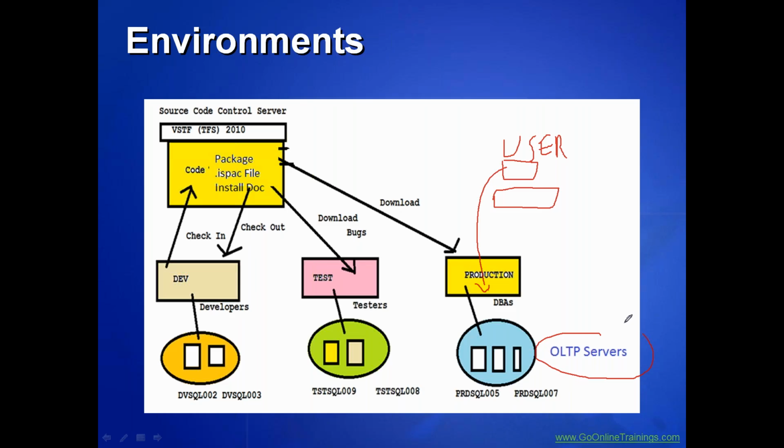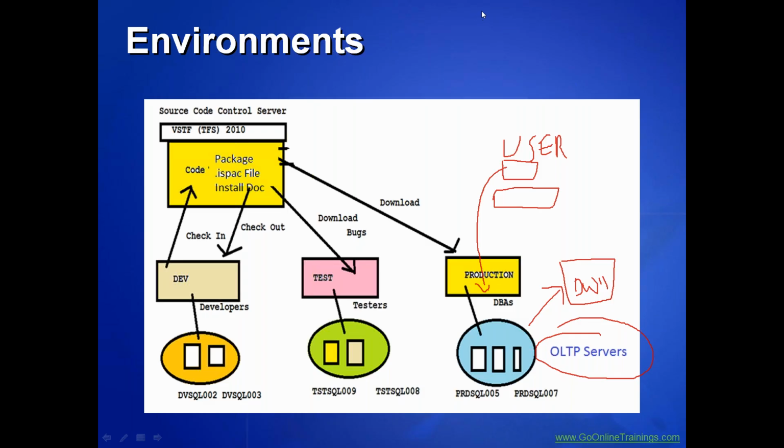These production servers are called OLTP servers, where you have the real time data. Again, you have some more data warehousing servers available in the production. You should take all the data from the OLTP and move it to the production data warehousing. Clear? So that is what you need to understand always.